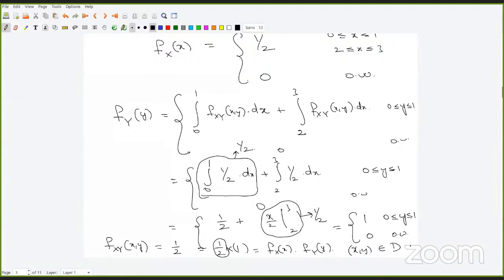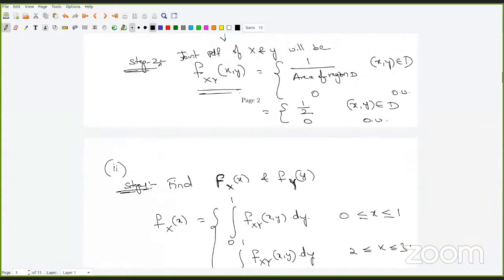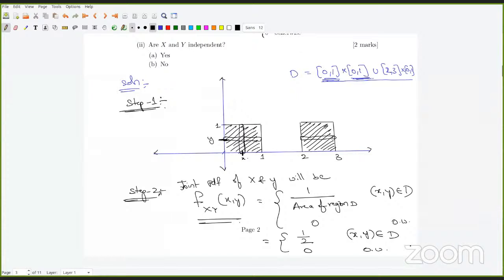Just a small doubt, sir. For y we are adding both the regions, but for x we have not added. We have calculated it with respect to only one region. Because the limit is the same? See, you have to look at the strip part. You choose x randomly in between 0 to 1 or 2 to 3. What are the limits of y here? That remains the same, 0 to 1.